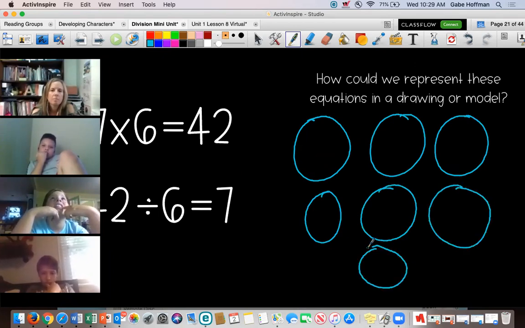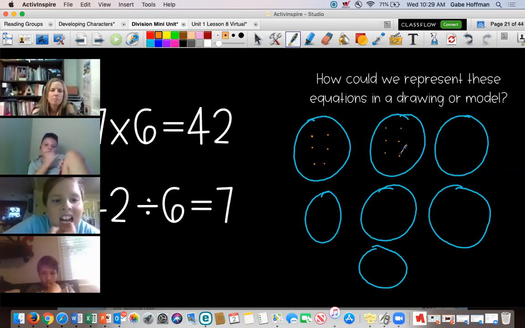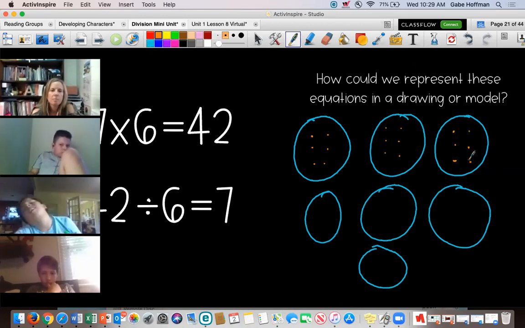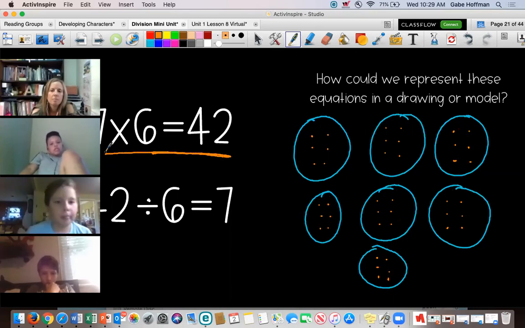And I'm going to put 6 dots in each circle. Okay, so that's how I'm looking at this equation right here. I made 7 groups of 6, and if I counted every single one of these dots, that would equal 42.